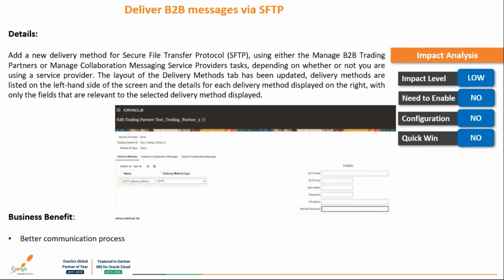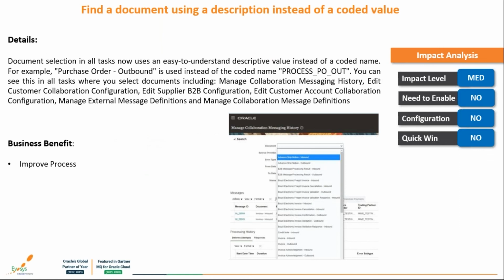The next feature is find document using a description instead of coded value. Instead of a coded name, document selection in all tasks now utilizes easy to understand descriptive values. Instead of the coded term process PO out, purchase order outbound is used.